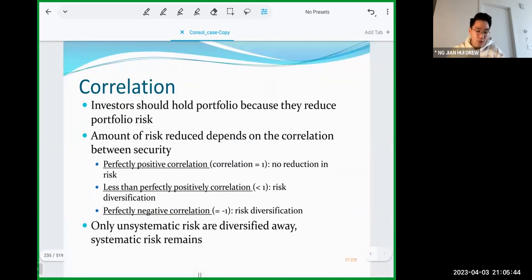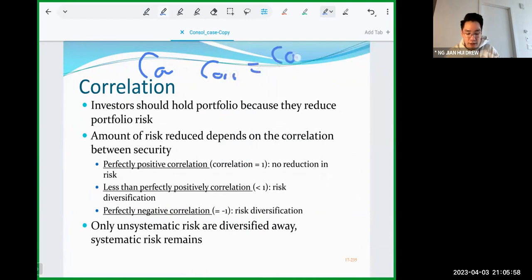All right. So the idea of diversification can be seen in method 2 of our calculation, when we talk about the covariance or correlation, right? Remember we talked about the correlation formula equals covariance 1,2 divided by standard deviation of 1 times standard deviation of 2. So in the classic form, I have already alluded to this part where if the correlation is negative, it will result in risk diversification.